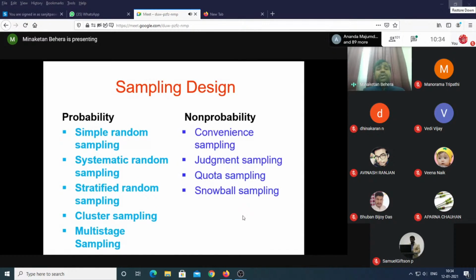Now let us go to cluster sampling. Remember, many people use cluster sampling, most of the ethnographic studies use this cluster method. If you go to a rural village, you will find automatically the SC community in one cluster, the Brahmin community in another cluster.